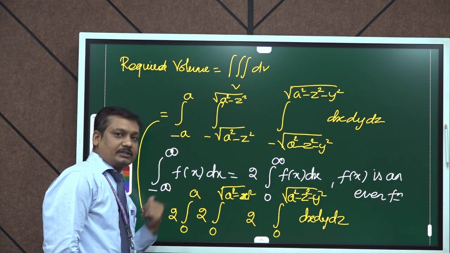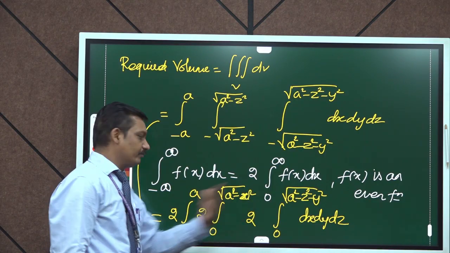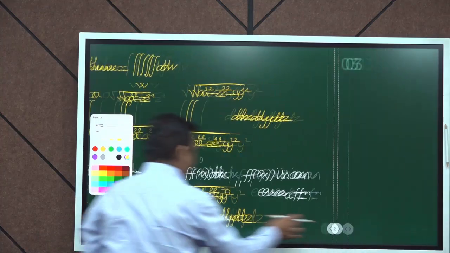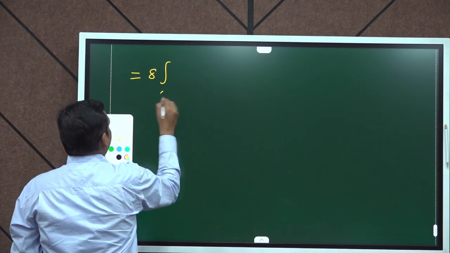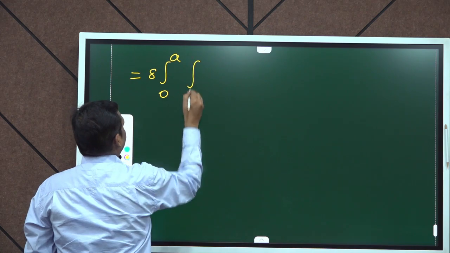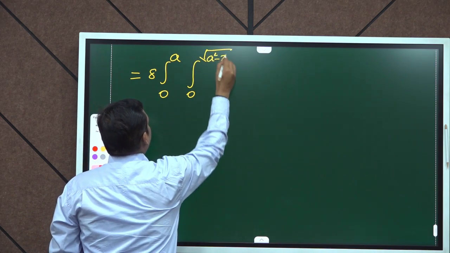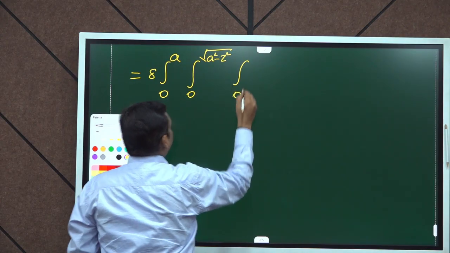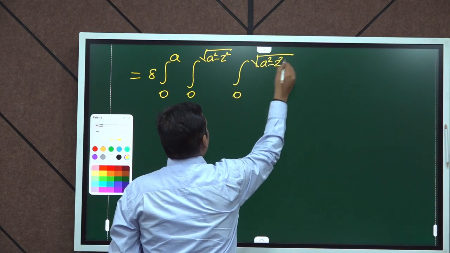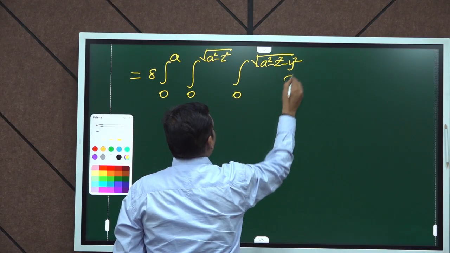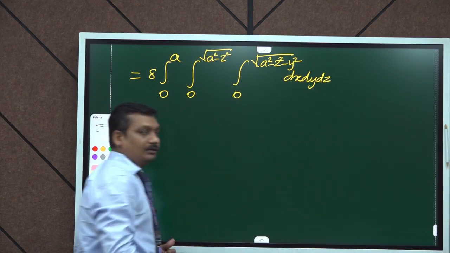Taking the constants outside, 2 into 2 into 2 is 8. So the next line of the problem is 8 into the integral 0 to a, integral 0 to root of a squared minus z squared, integral 0 to root of a squared minus z squared minus y squared, dx dy dz.